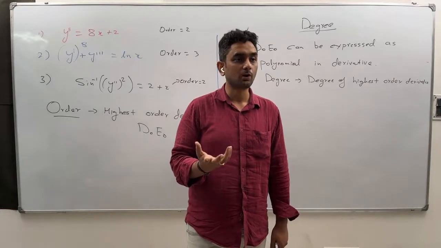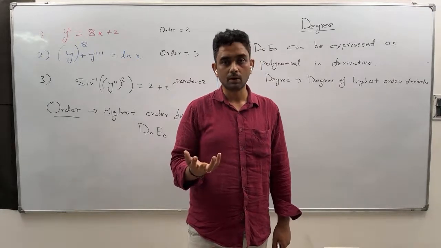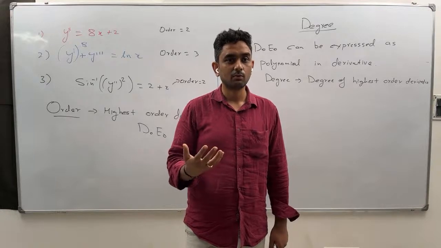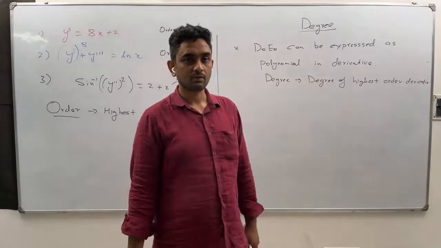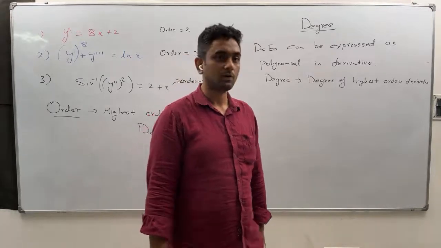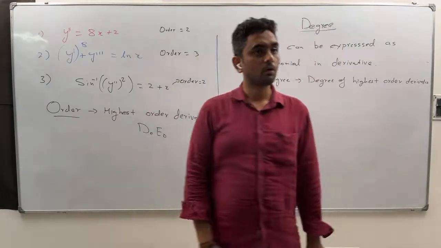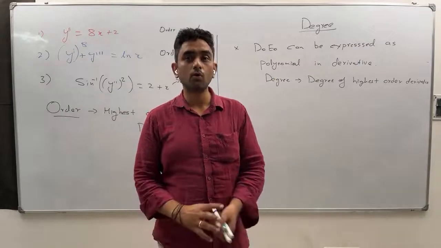X square is a polynomial. X cube is a polynomial. But 1 by x is x power minus 1, and root x is not a polynomial because half is not a whole number. So the power should be a whole number.